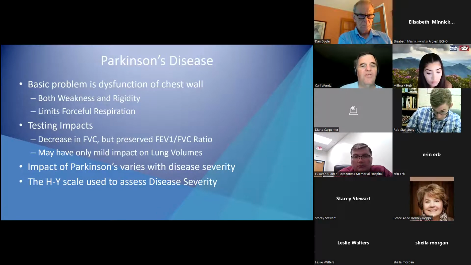It should have minimal to no impact on lung volumes because that's a slower test. It does vary with disease severity. And I learned, I didn't even know this, there's an H-Y scale that you use to assess disease severity, and you can compare that to how it should impact their spirometry based on how bad their disease is.